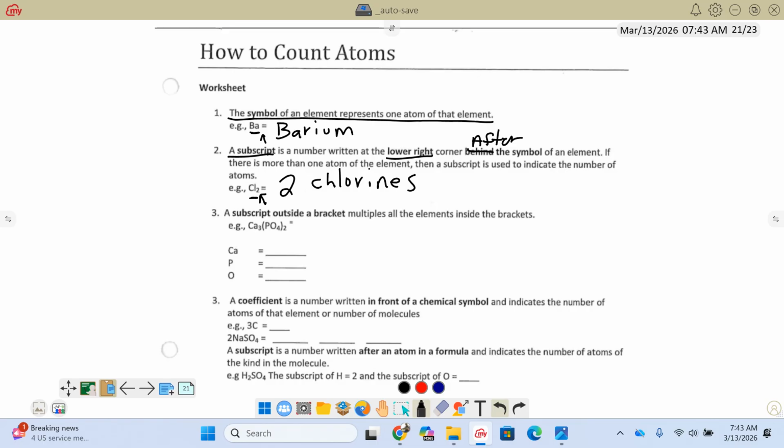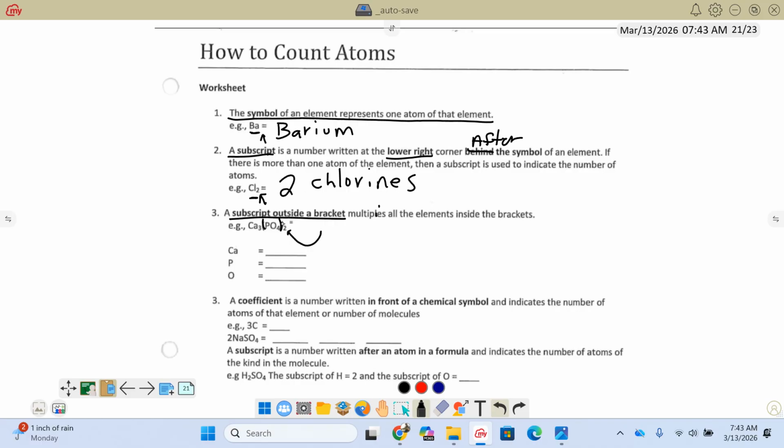It gets a little trickier down below. A subscript outside the bracket, like this number 2, multiplies all the elements inside the brackets. So we have to pay attention to the parentheses and the subscript outside. Let's deal with the calcium later and deal with this number 2 outside the bracket.